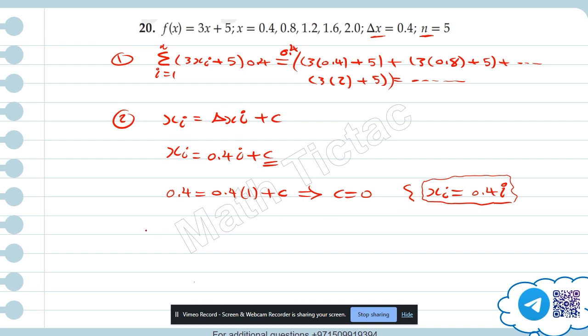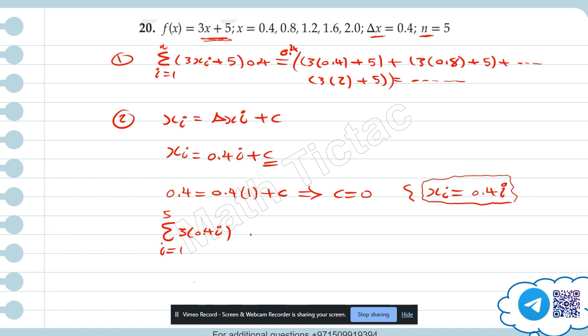So this is 3 multiplied by 0.4i, then plus 5, multiplied by delta x, which is equal to 0.4. This is the general rule I'm following: the sum from i equals 1 to n of f of xi multiplied by delta x. That's it.